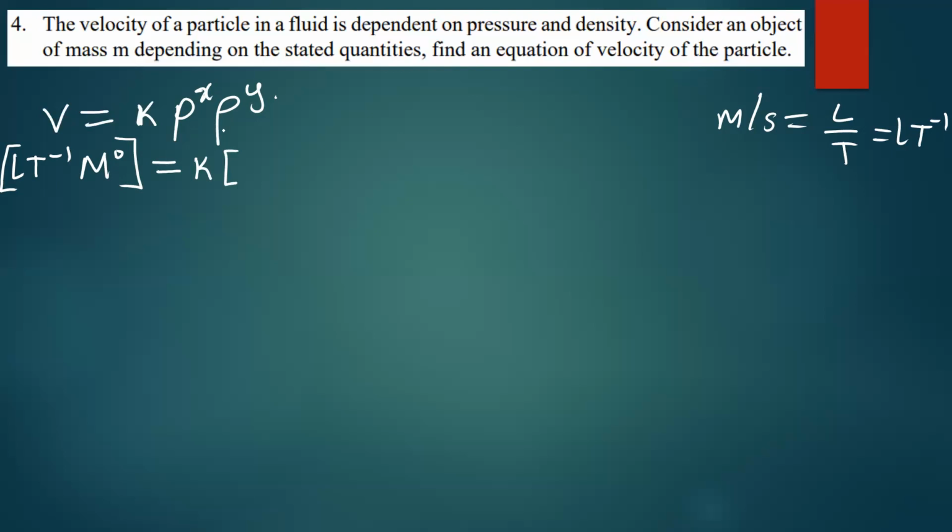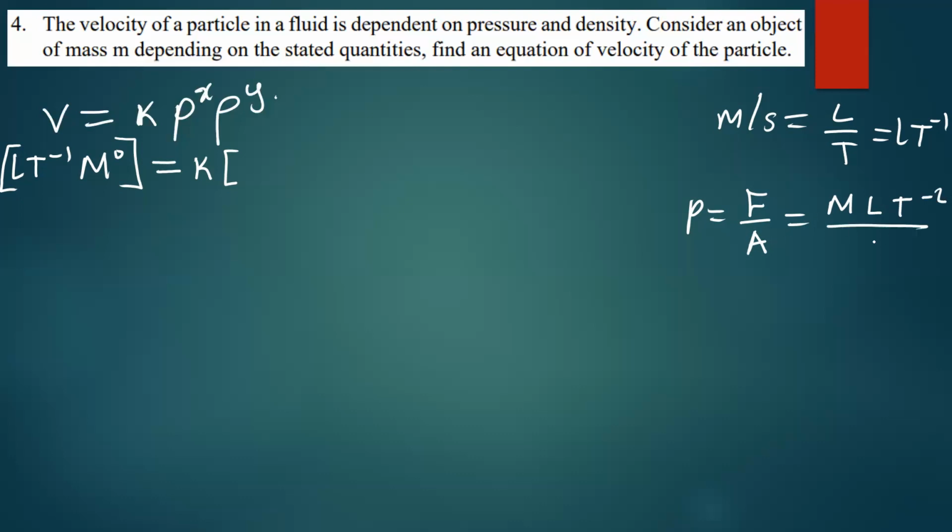Let us derive the dimensions for pressure. So we know that pressure is equal to the force applied on a perpendicular area. So the dimensions for force, we said it's mass and L T to the power -2. This is what we found, right?